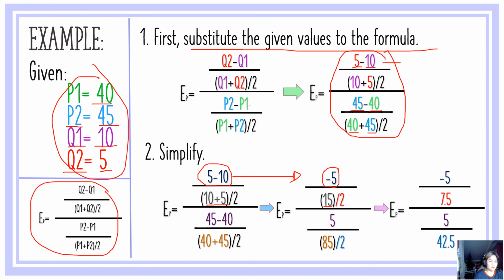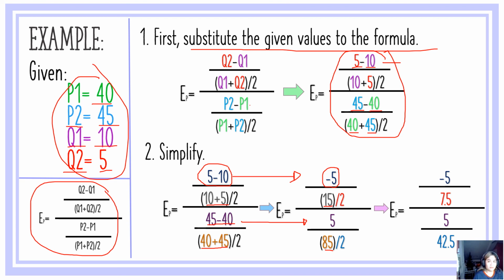Now let's go to the denominator. 45 minus 40 is going to be 5. And then the last, 40 plus 45 is 85, and again copy, divided by 2.